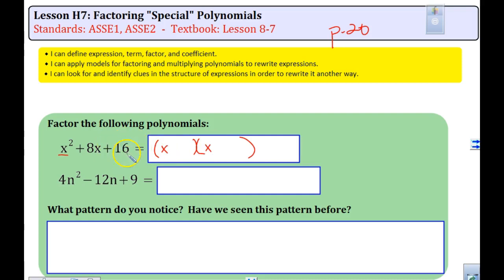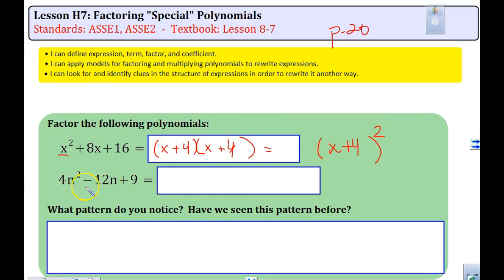If it has to multiply to 16 and add to 8. Multiply to 16, add to 8. 4. So do you recognize this is our special case? This is a plus 4. This one is plus 4. How did we write that the other day when we were multiplying this? We wrote it as x plus 4 to the second. So this is one of our special cases.